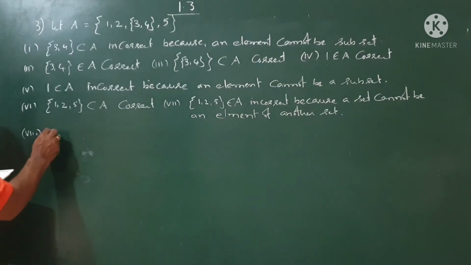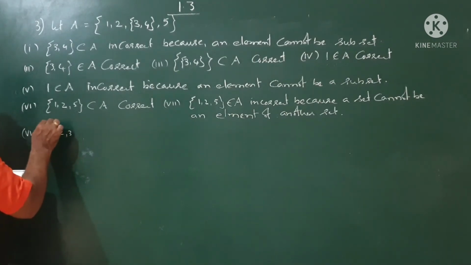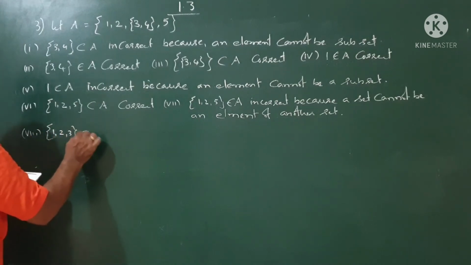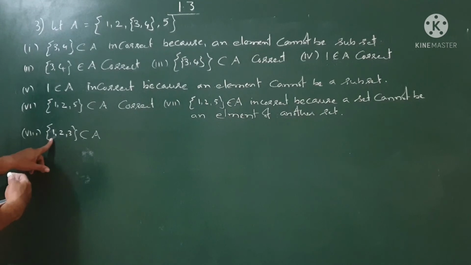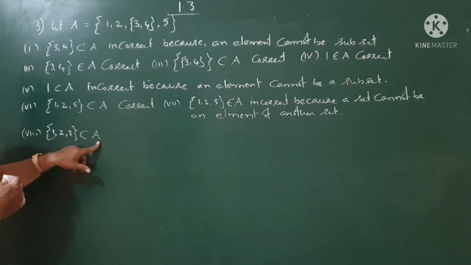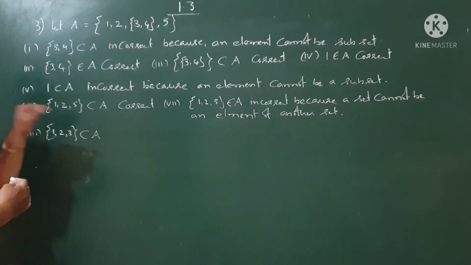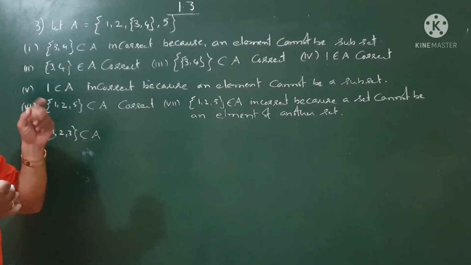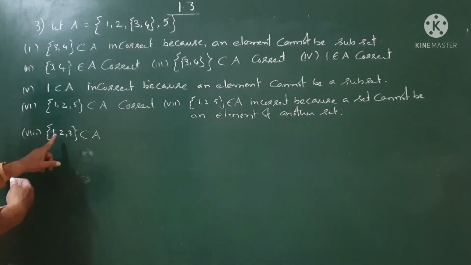Next, come to 8th question. {1, 2, 3} is a subset of A. 1 and 2 belong to A, but 3 is not an element of A. {3, 4} together is an element of A. Therefore, {1, 2, 3} cannot be a subset.